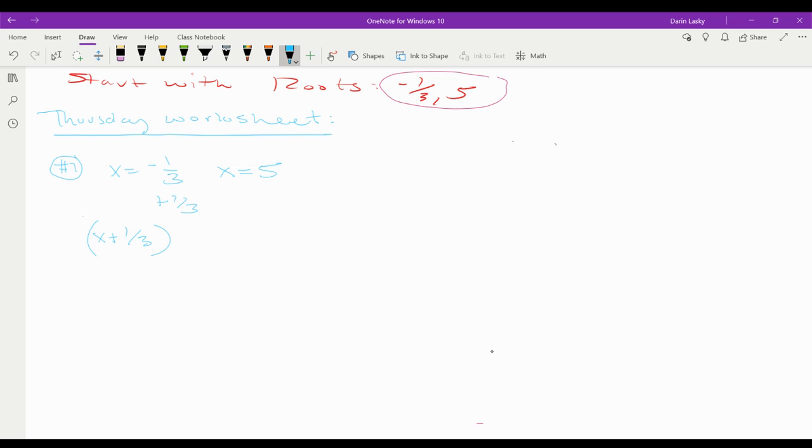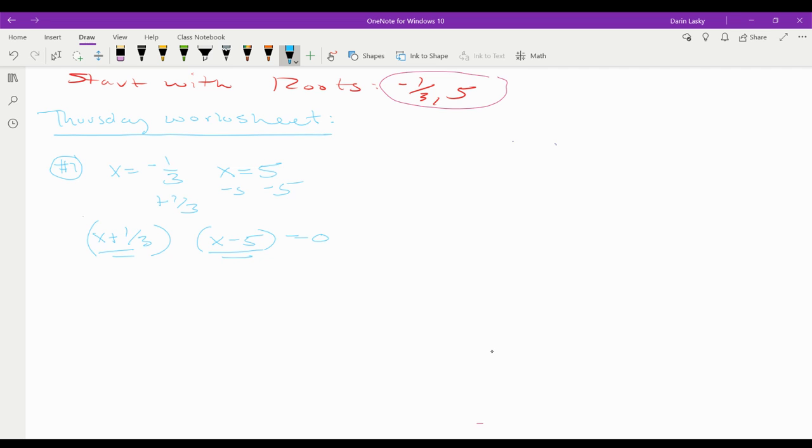And then if I subtract 5 from both sides, I'm going to get x minus 5 equals 0. Taking these pieces, we get these new binomials by just working backwards, making sure everything's on the left side.